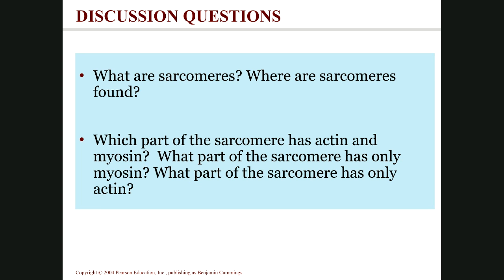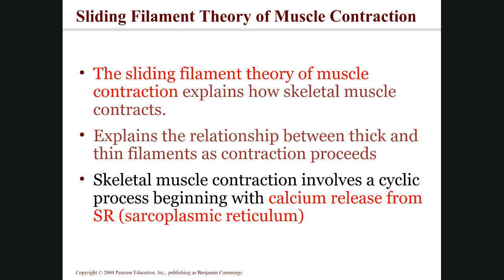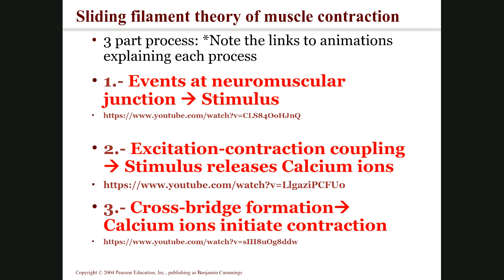Now, the theory that explains how muscle contracts is called the sliding filament theory of muscle contraction. Long name. The theory explains how muscle contracts from the point of the neuron, the nervous system cell, stimulating the muscle cell, which is the first step in muscle contraction.